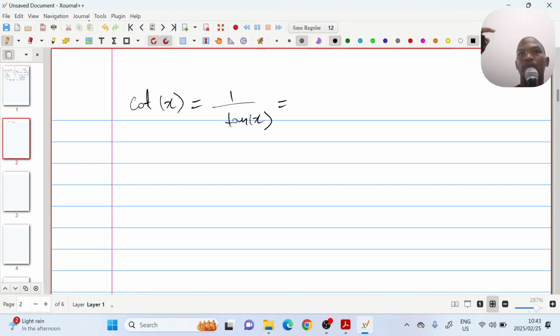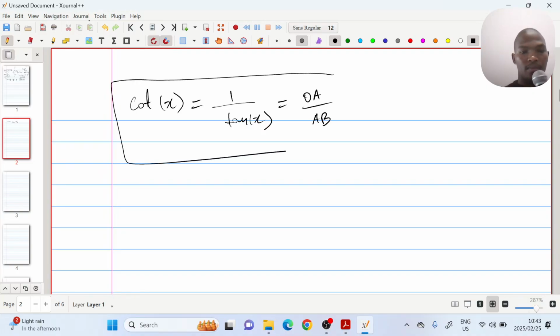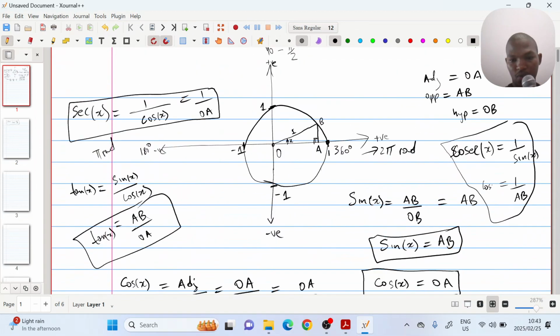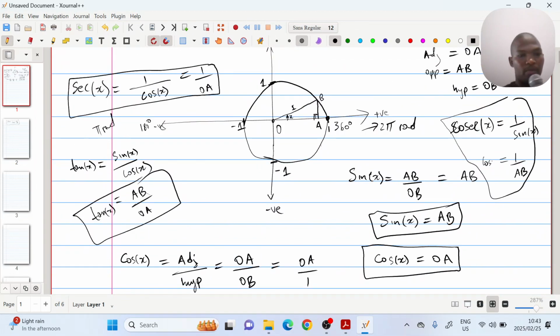You just change the numerator and the denominator. It's going to be OA over AB. Copied that. Okay, let me see here if that is true. Where is cos? Cos is OA, so OA should be in the numerator.